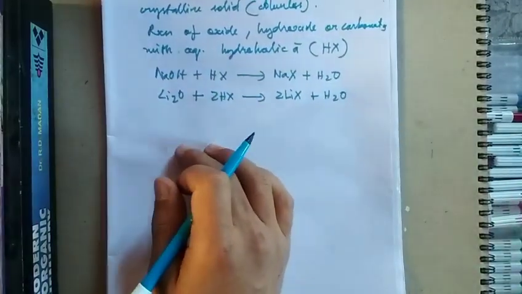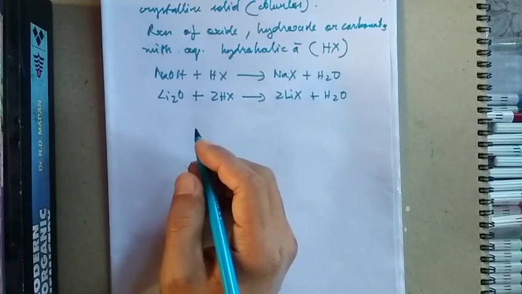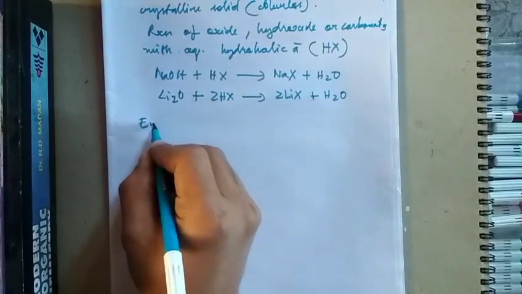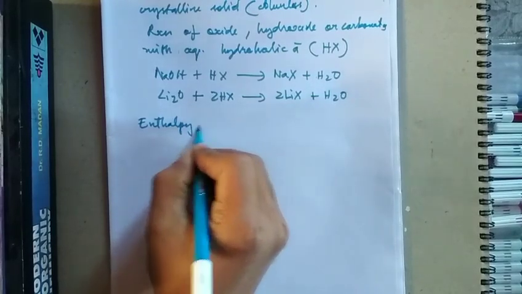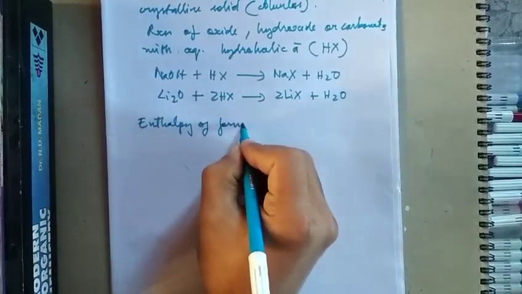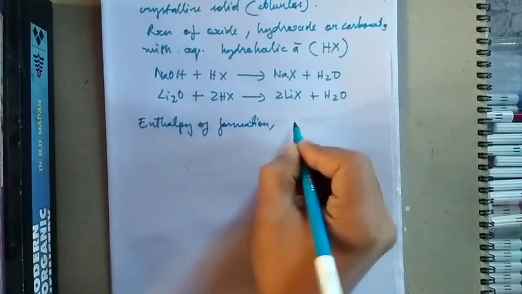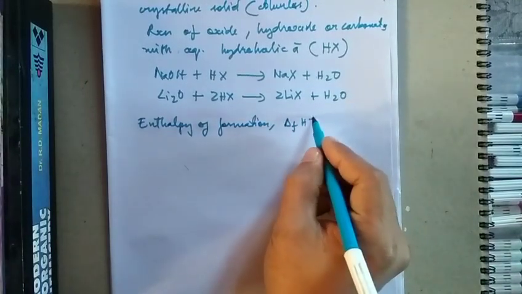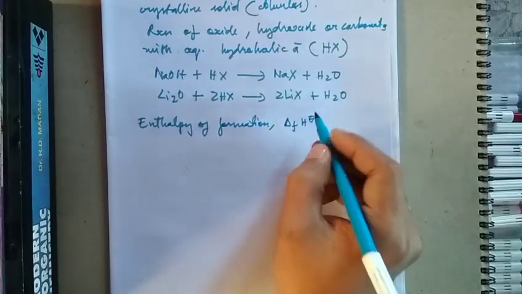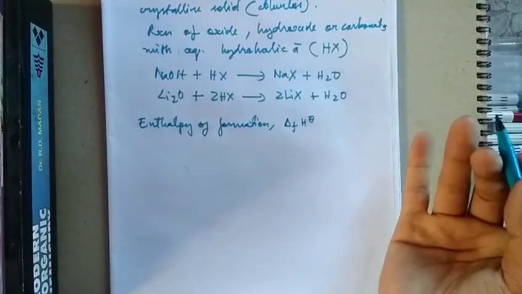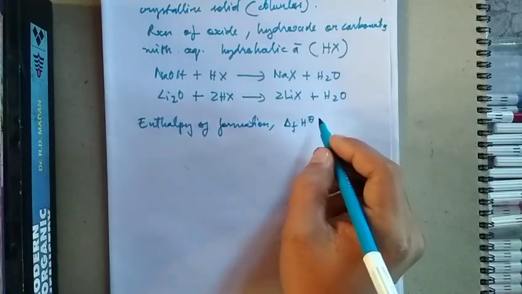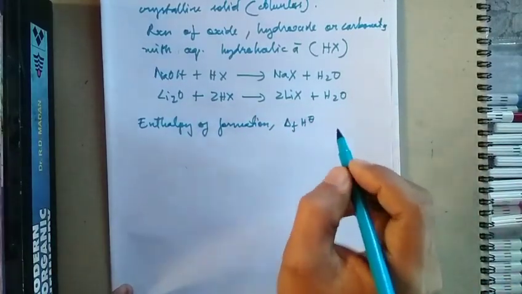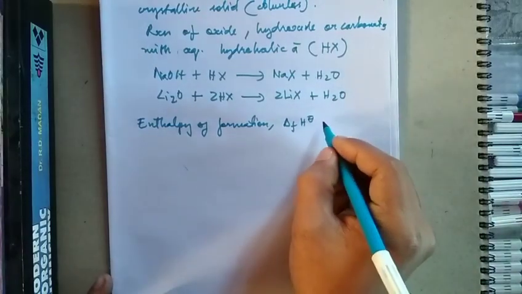Now let's see another thermodynamic term, that is enthalpy of formation. The symbol is delta FH. In your textbook a minus sign is given. This minus means heat is evolved, or the value is negative. Let's see what it means.